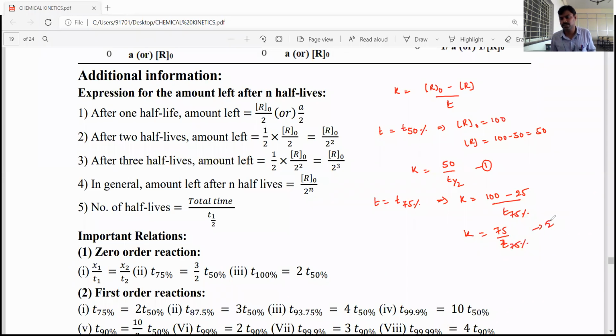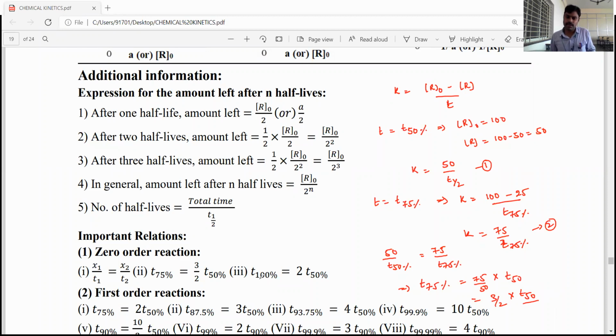This is equation 2, dear students. From equation 1 and equation 2, 50 by t 50 percent is equal to 75 by t 75 percent. So from this, t 75 percent is equal to 75 by 50 into t 50 percent, and 75 by 50 is nothing but 3 by 2 into t 50 percent.